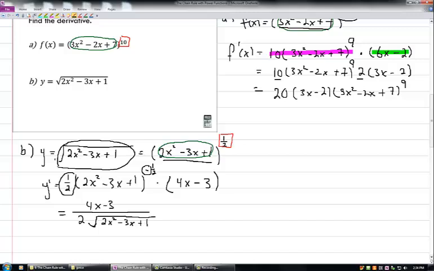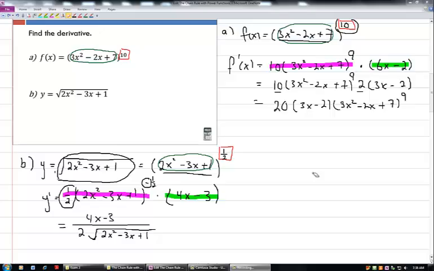And that's my answer. Again, pay attention to the pieces here. If you look real closely, I have, for the chain rule, this is the derivative of the outside, right here. And then I am multiplying by the derivative of the inside, right there.